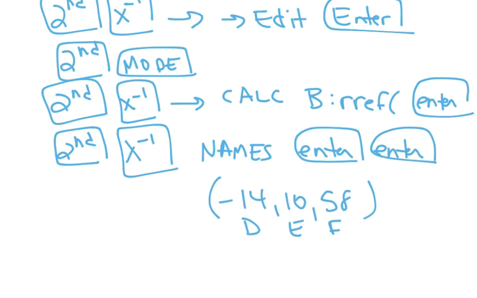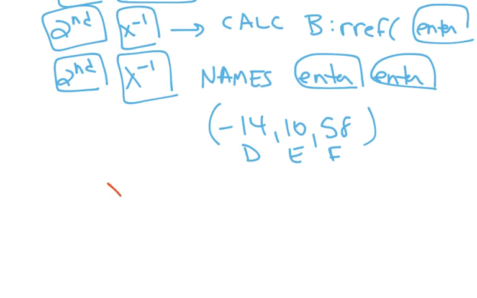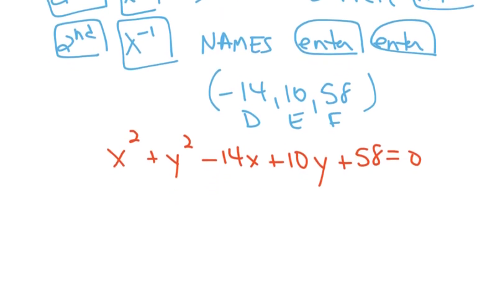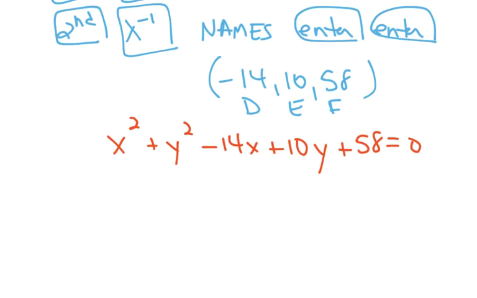So now I know that the general equation of my circle is x squared plus y squared minus 14x plus 10y plus 58 equals 0. Except this doesn't tell me what the center and the radius are. So now I have to go back and do what we did in the last problem. We're going to do this thing called completing the square.